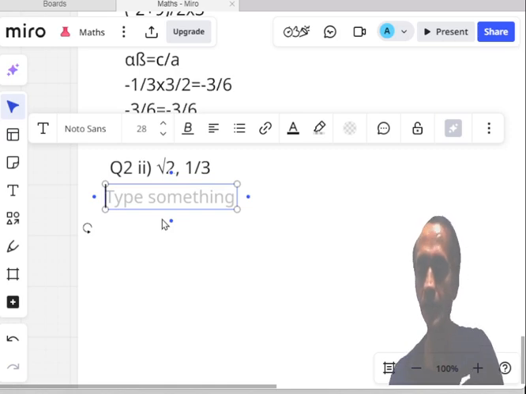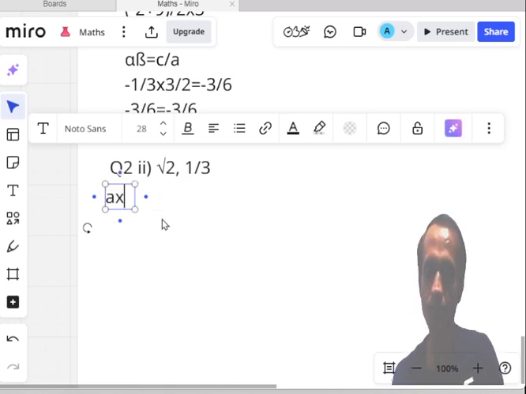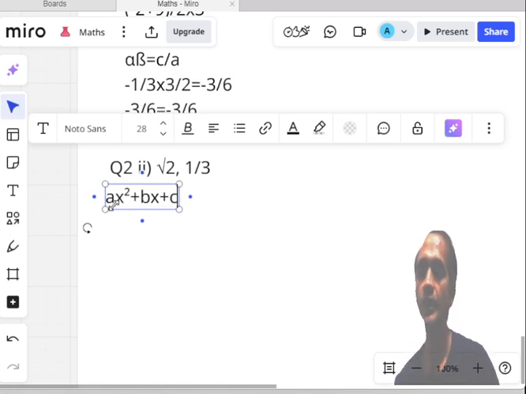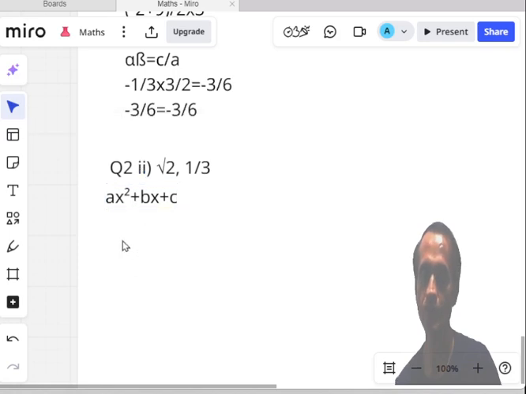So first we write the general form of the quadratic equation. If we find these constants a, b and c, then we can identify the quadratic polynomial.